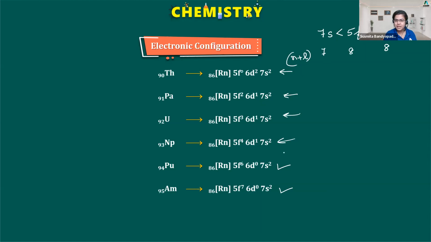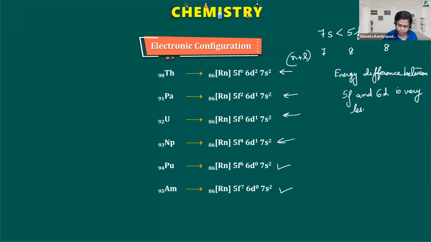A lot of anomalous behavior is seen, and as I read and as written in the slides also, the energy difference between 5f and 6d is very less.